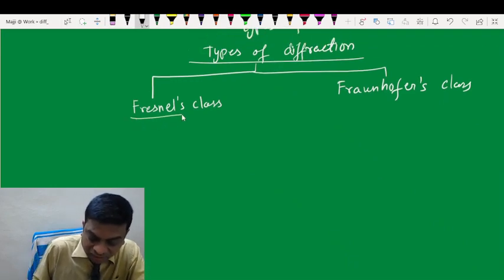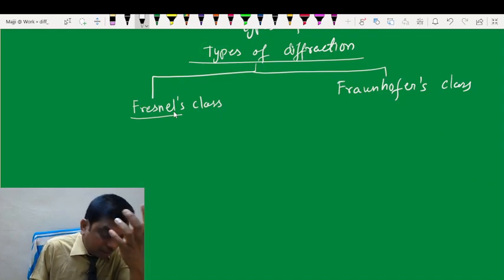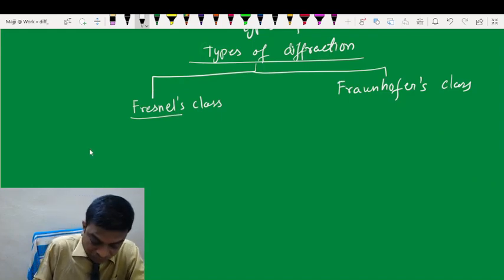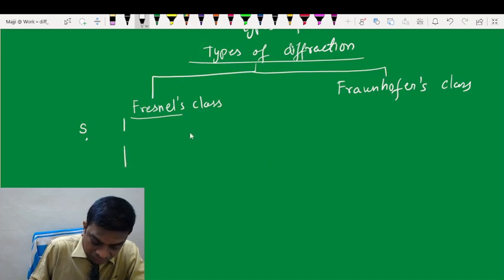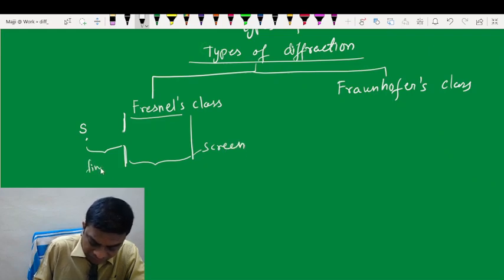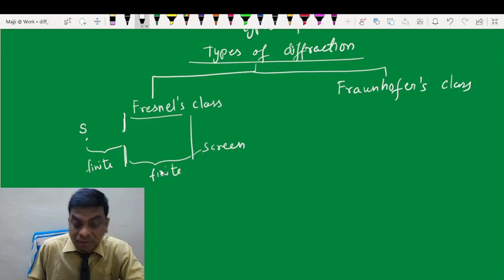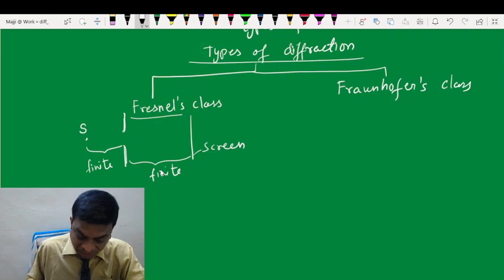Now you see, Fresnel was a renowned scientist and he used to conduct experiments within the lab. So his light source used to be some source within the lab, and therefore when the distance between the source and the aperture or obstacle, and also the distance between the aperture and the screen are finite, such a diffraction will be called Fresnel's class of diffraction.